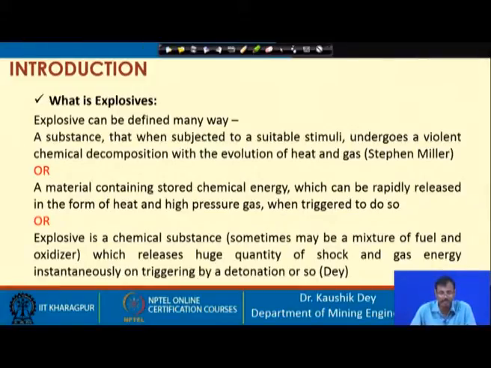The triggering of the explosive must be within the control limit of the user. So, the second definition says the chemical substance releases energy in the form of heat and gas pressure when it is asked to.